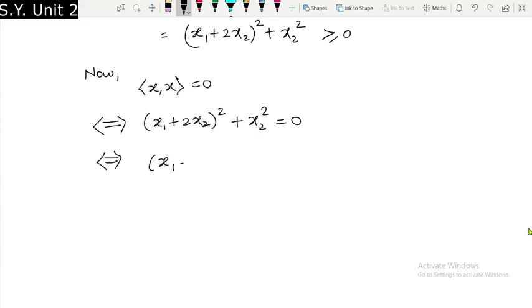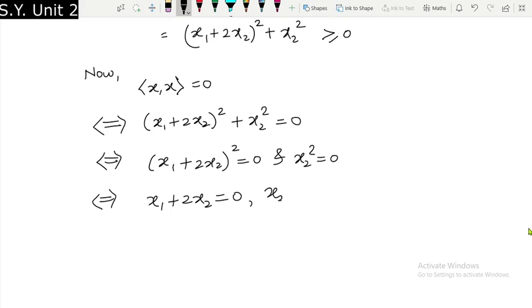So if and only if (x1 plus twice x2) whole square is equal to 0 and x2 square is equal to 0, if and only if x1 plus twice x2 is equal to 0 and x2 is equal to 0, right?